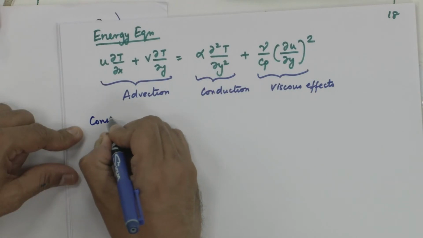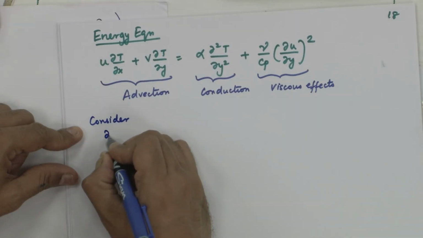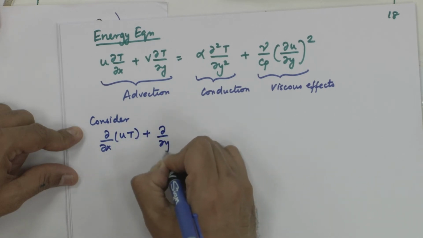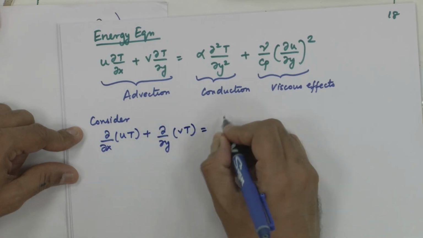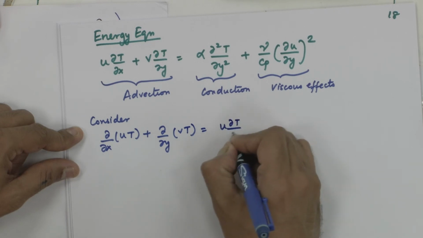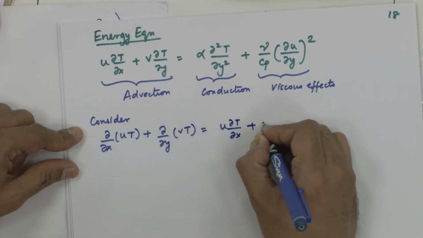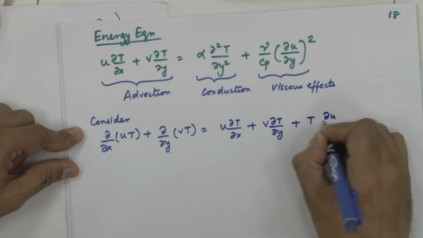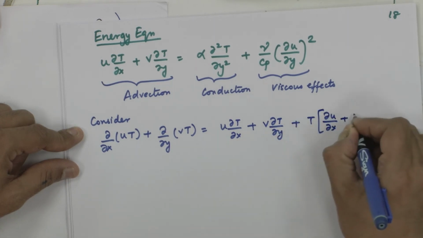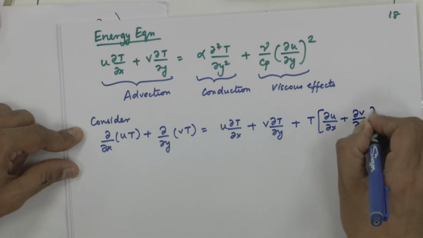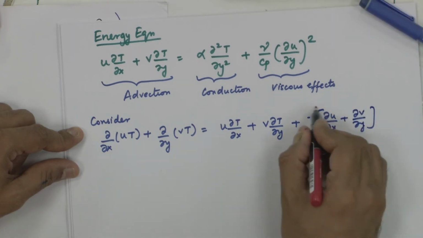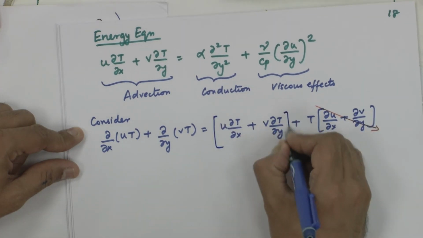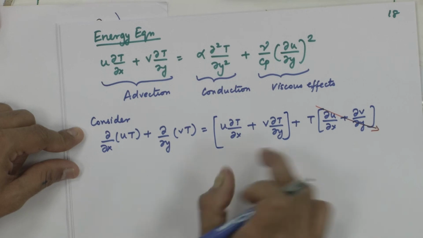So let us consider d by dx of uT plus d by dy of vT. This is nothing but u dT by dx plus v dT by dy plus T times du by dx plus T times dv by dy. So this one drops off by continuity equation. Therefore, my left hand side of the energy equation is nothing but this.